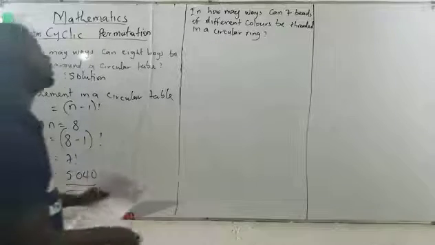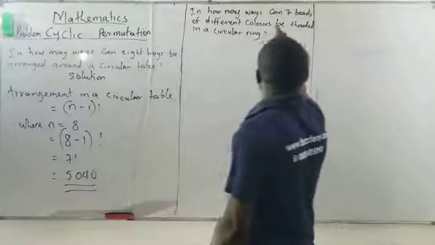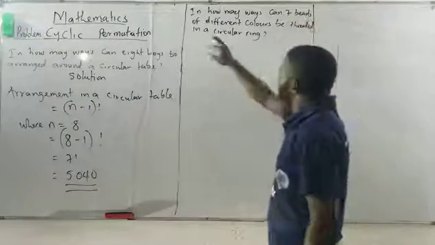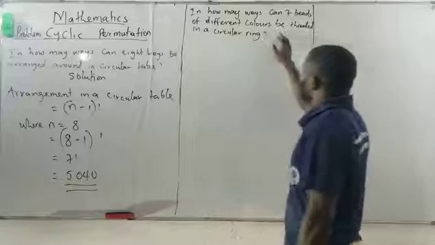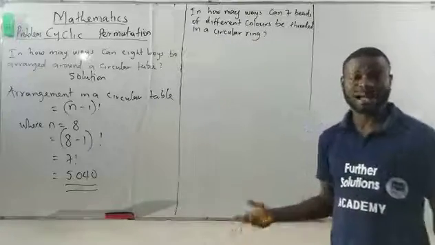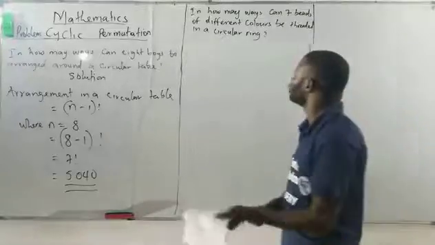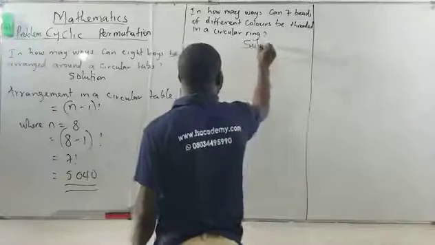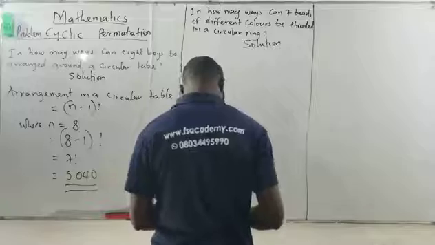Now look at this question: in how many ways can 7 birds of different colors be arranged in a circular ring? It is the same thing that is happening here. Let's try to solve this particular problem and see how it will go.